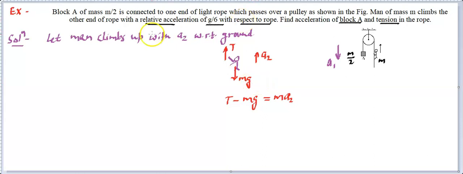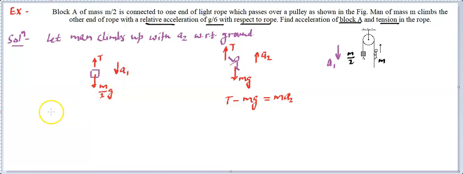Similarly, we can go for the free body diagram for this block. When we draw the free body diagram of this block, you will find the same string is connected, so the same tension will be pulling upside. It will have a gravitational force downside, which is going to be m by 2 into g, mass of the block into g, and we have assumed it to be moving downwards with acceleration a1, so this will have acceleration a1 downside.